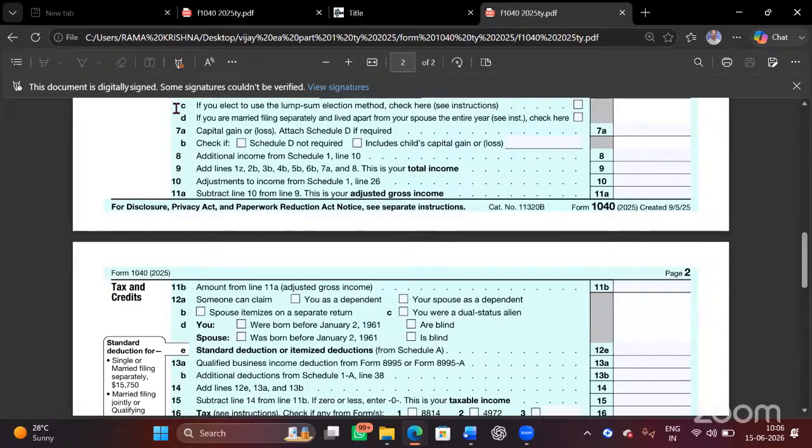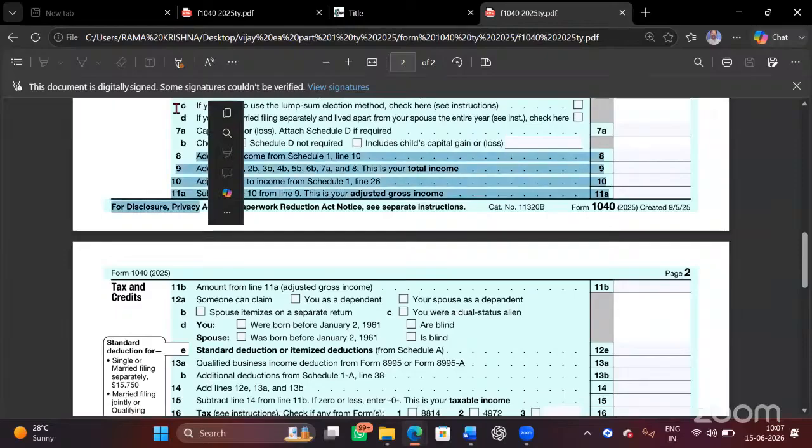In our Form number 1040, see item number 10, adjustments to income. This is a very big list. That list is given in Schedule number 1. Finally, what I want to say is, to complete the list of income, first we have to attach Schedule number 1, which is deductible items. No need to pay tax on that part.